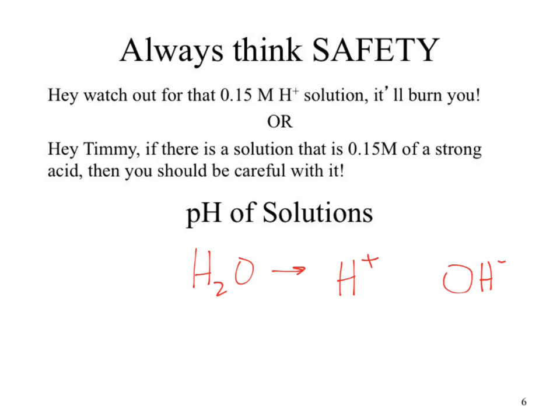Definition of a base? OH minus. Water is our perfect center. It gives us both species. So if we have a pH that's lower than water, that means we have an imbalance of hydrogen ions. If we have a pH that's higher than that of water, that means we have an imbalance of hydroxide ions. Both acids and bases are dangerous. All we want to do is center around that 7 level.